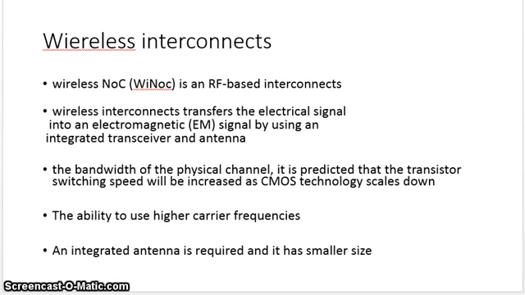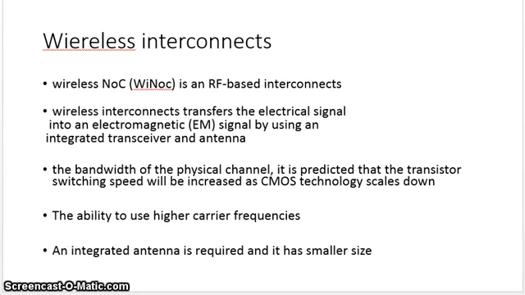Wireless interconnects is a radio frequency based interconnect, which is a new on-chip communication architecture, and it is a more cost-effective alternative if we compare it to the optical interconnects. That is because the radio frequency circuitry is more suitable to CMOS technology, which means it requires less power and area.